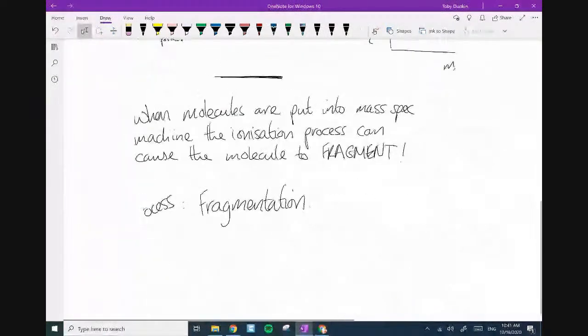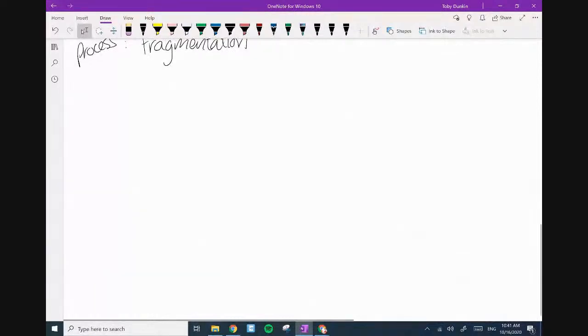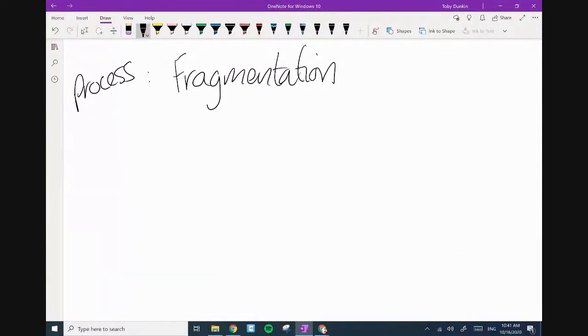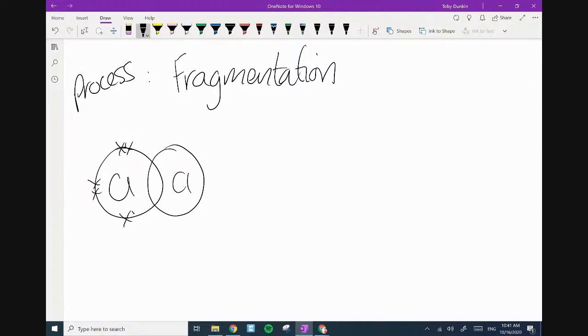What that means is the molecule is now going to go through fragmentation. Let's look at the image. It's going to do this. I had chlorine here and here, had electrons on this guy, and now I'm going to knock off that circle at the top, right? So the whole thing now becomes positive, but this covalent bond has just halved in strength.